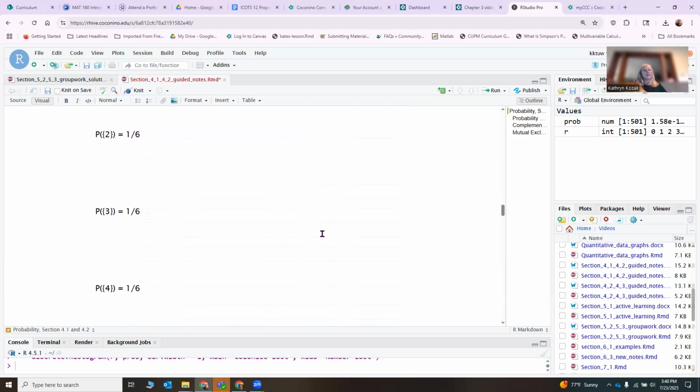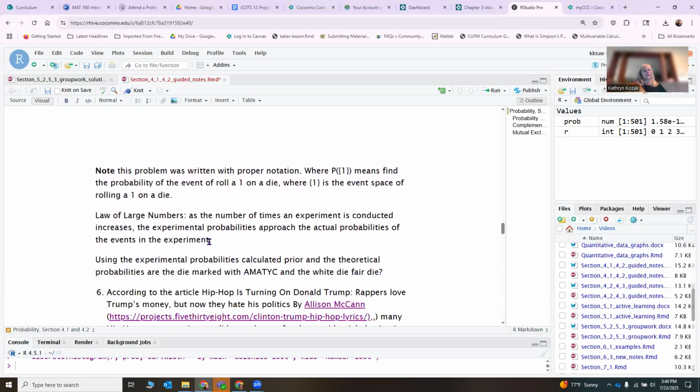So this is known as the law of large numbers. The law of large numbers is as the number of times an experiment is conducted increases, the experimental probabilities approach the actual probabilities. Sometimes they're the theoretical, and sometimes they're not. So like with the automatic die, they were not the theoretical probabilities.